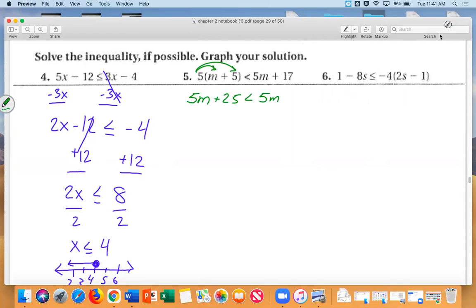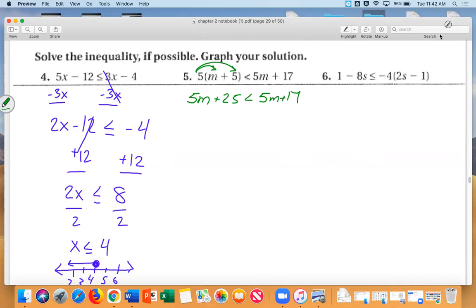So that leaves me with this, Mike. Now what, Mike? 25 divided by 5. Well, we're not at that stage yet. The stage we're at is we want to get all the m's to one side. So how do I move a plus 5m?